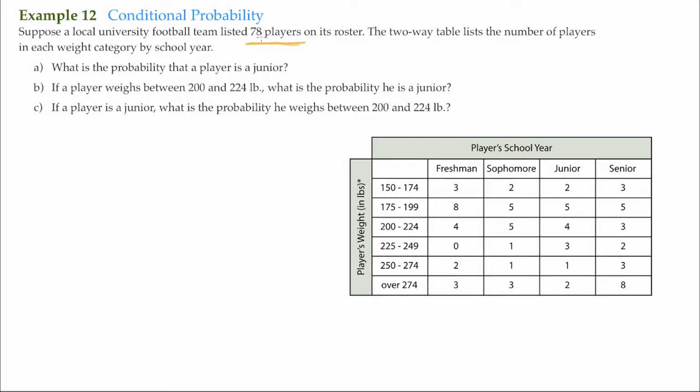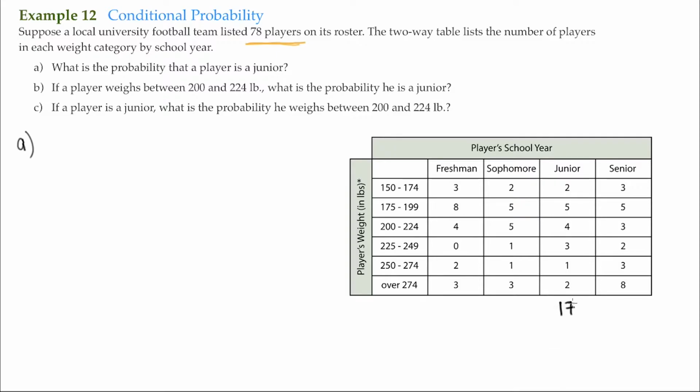So then what is the probability that a player is a junior? So here are the juniors here. And if I add them up, 2 plus 5 plus 4 plus 3 plus 1 plus 2, there will be 17 juniors. So for A, what is the probability that a player is a junior?